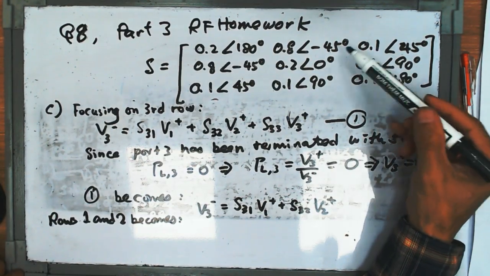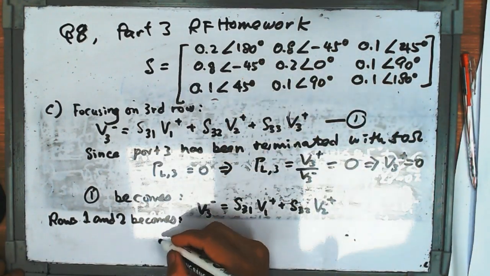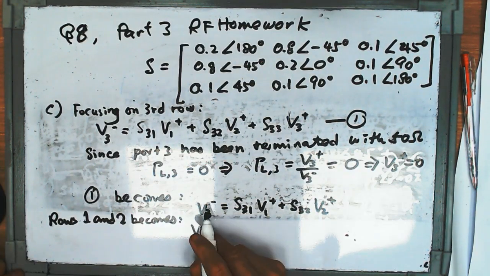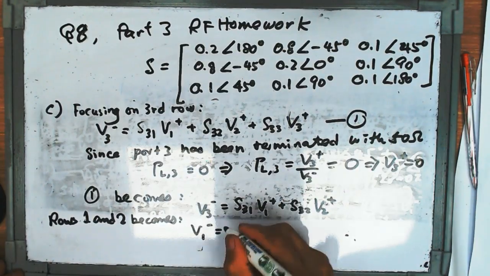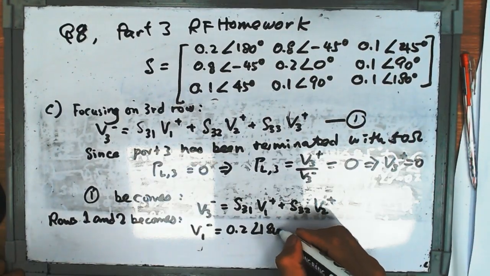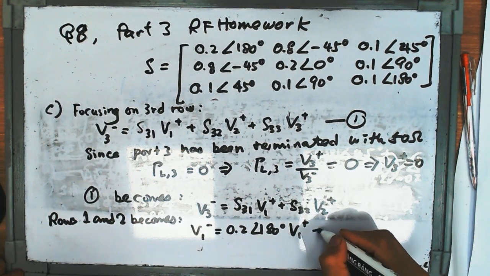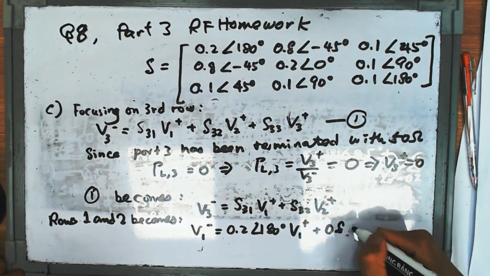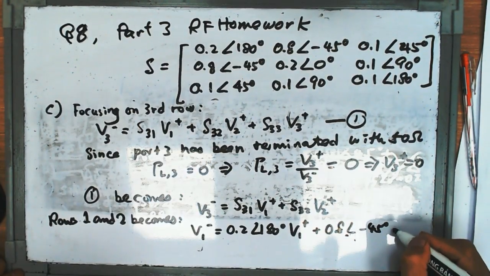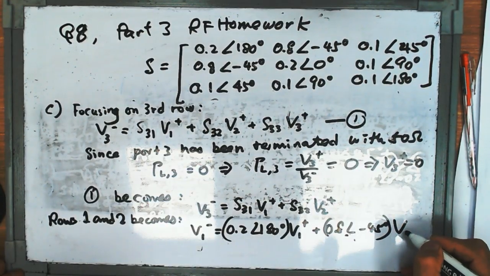We only need to focus on the first two equations, and then we can just say V1 minus equals the S parameter times V1 plus, plus 0.8 times V2 plus.